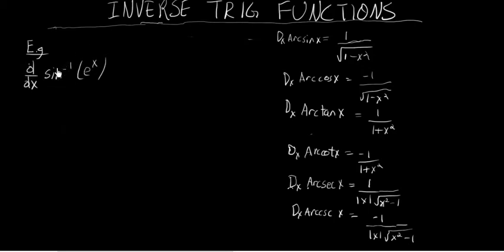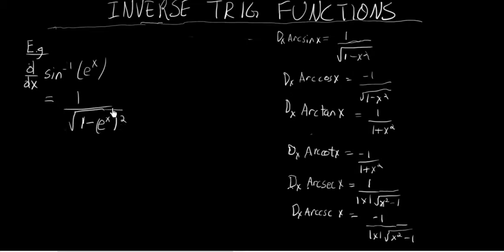Now we'd like to find the derivative of sine inverse of e to the x. This is similar to our last example. The only difference here is that instead of tangent of x being our argument u, we will have e to the x being our argument u. So this derivative will be 1 over the square root of 1 minus u squared, but u here is e to the x.